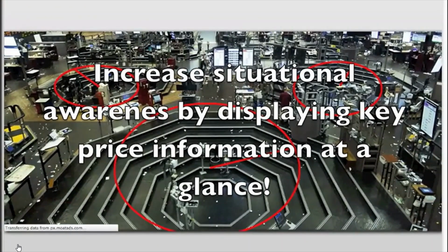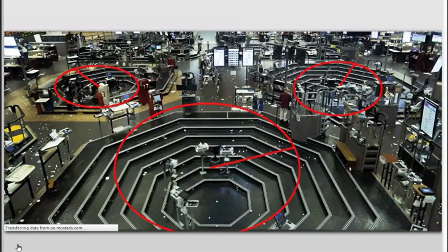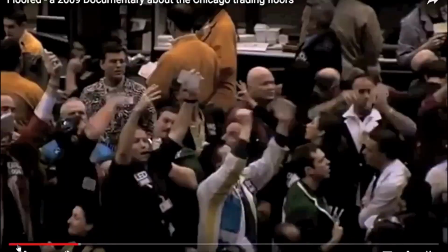In order to replicate the price discovery dynamics developed on the trading floors and increase situational awareness, the Accutic system uses a series of dials to display price components involved when significant option trades occur.